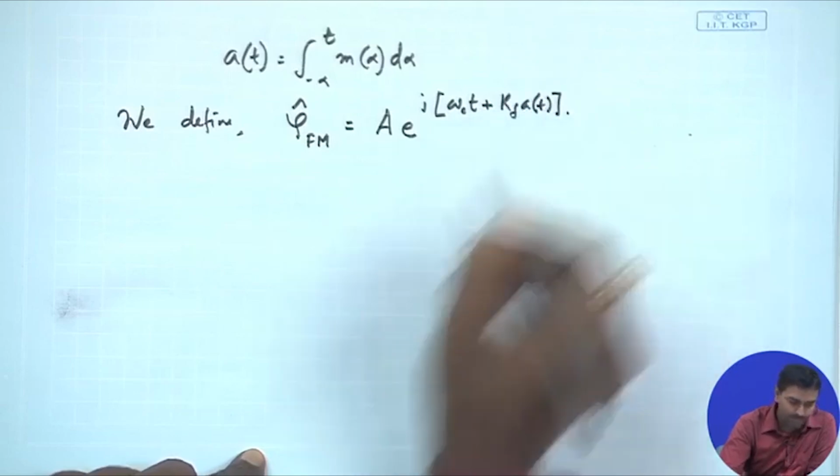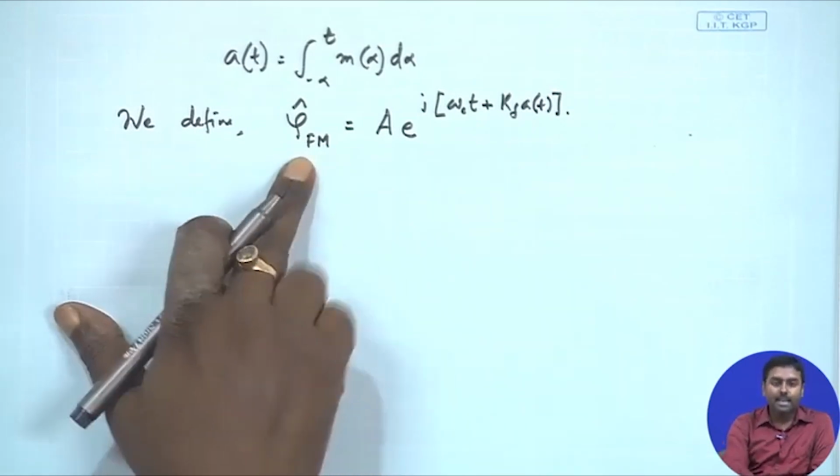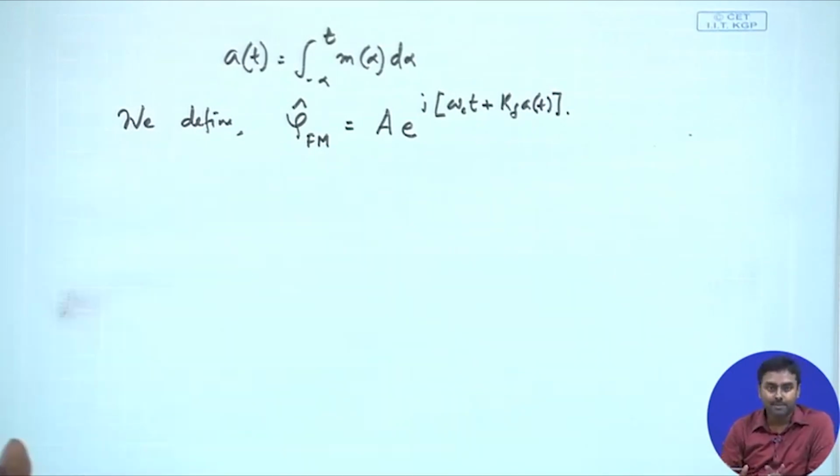It is very easy to see that if I take the real part of this, I must get FM. The real part of e to the power j is cos plus j sin, so I get the cos part, that is A cos(omega_c t plus k_f a(t)), where a(t) is this one. That is FM, we have already discussed that.